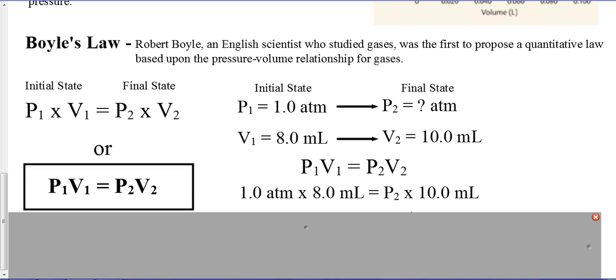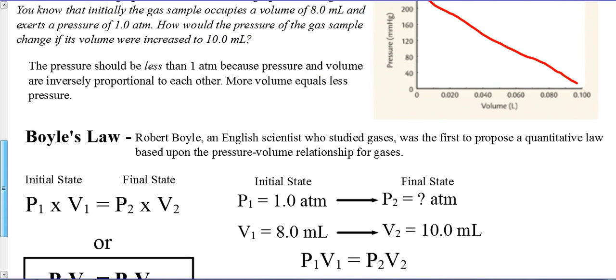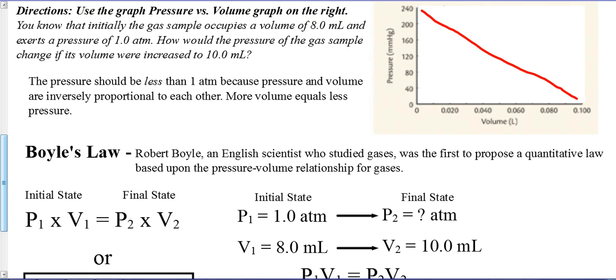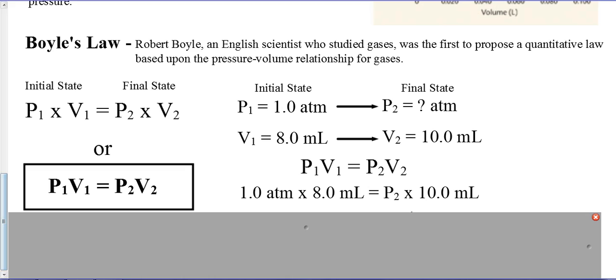So, we're going to take our problem from above where we said we had 8 milliliters of volume at 1 atmosphere, and we're going to figure out specifically if we had 10 milliliters of volume what the pressure was. So we're just going to plug in these numbers here and see what we get.